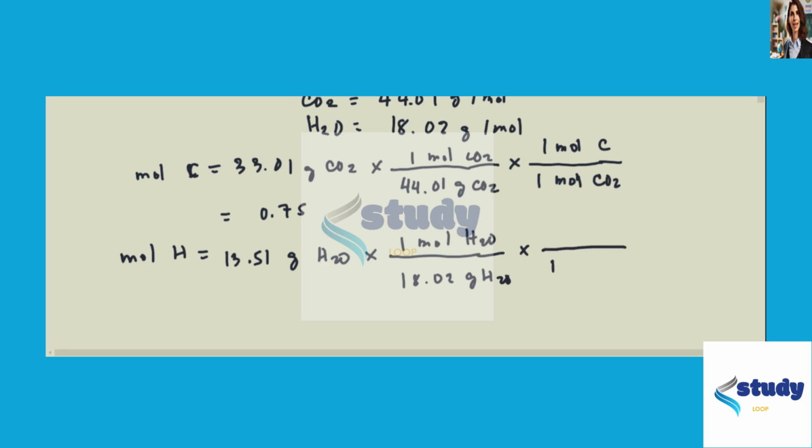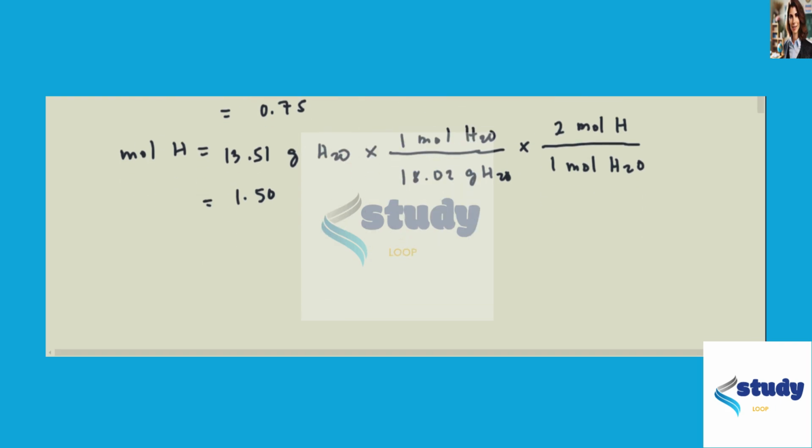And now for the relationship between moles of H and moles of water, from the subscript of H in the formula of water, we find that 2 moles of H can be found in 1 mole of water. So again, we base that on the subscript of H in H2O. Solving gives us 13.51 times 2 over 18.02. That gives us 1.5.